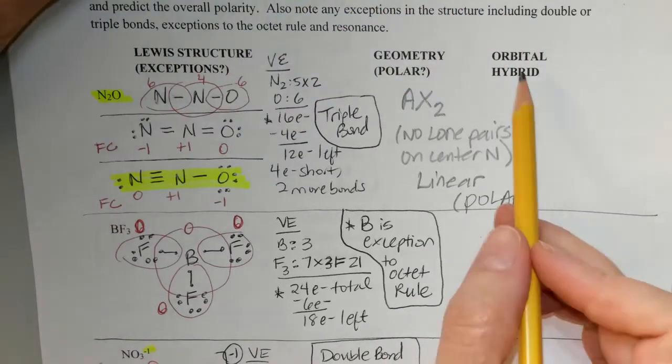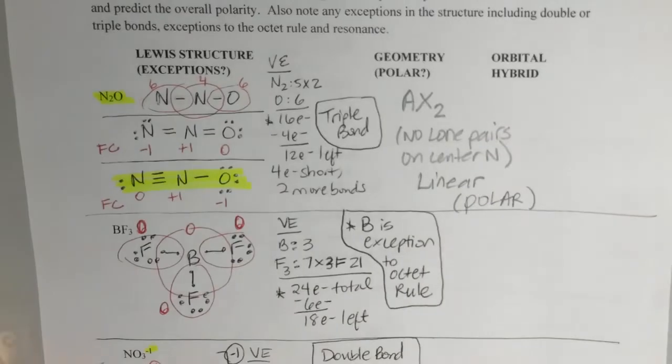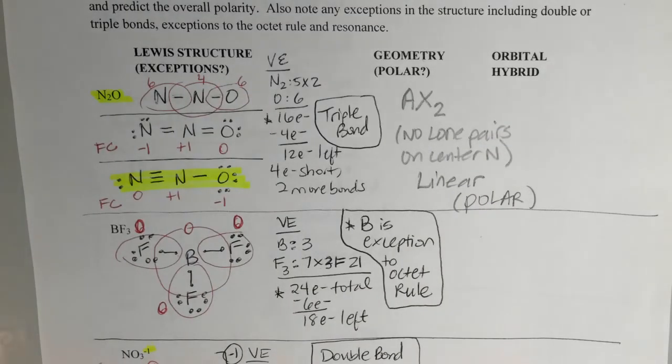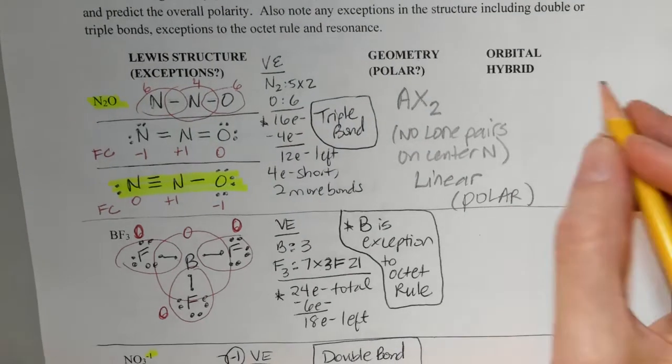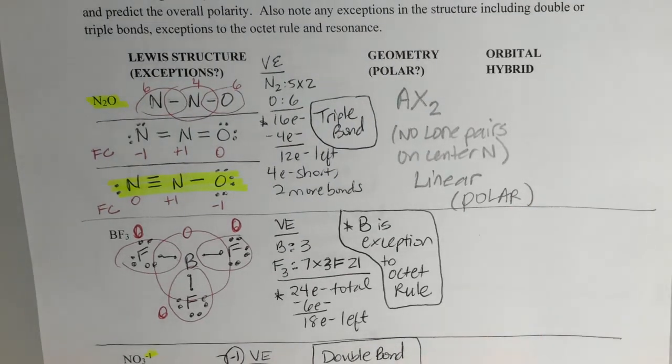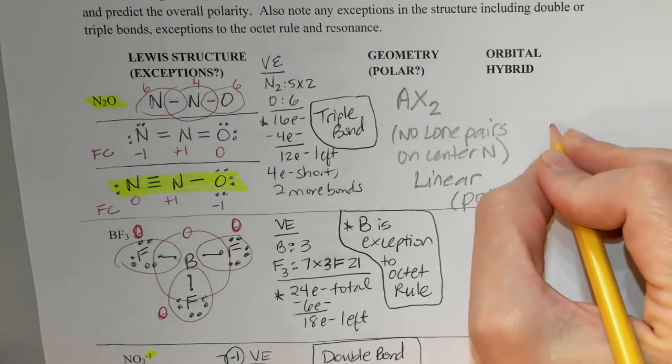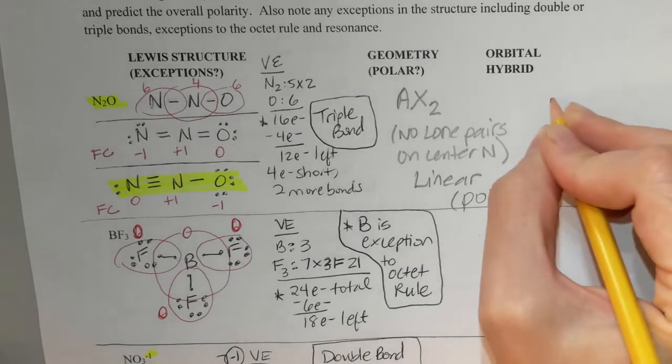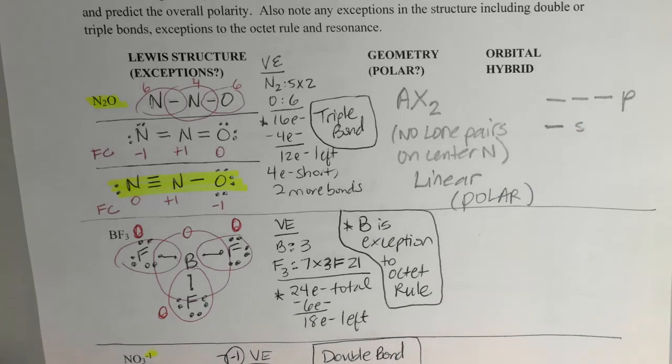Now, in the case of the orbital hybridization, when we look at nitrogen, nitrogen can't expand the octet. We talked about the reasons why. It's a row 2 element. So it starts out with an s and then 3 p orbitals, right? That's what we're used to before we do any kind of bonding.